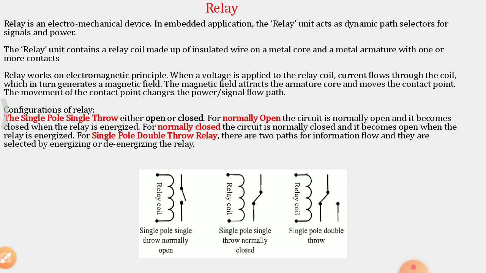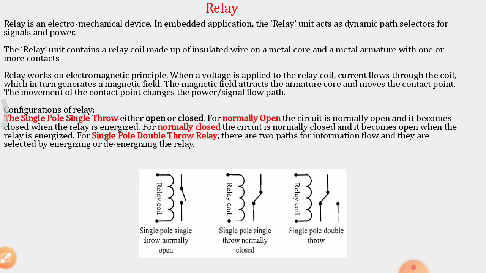The relay unit contains a relay coil made up of insulated wire on a metal core and a metal armature with one or more contacts. In the figure, we can see that there is a coil, a wire on a metal core, and that metal core has one armature.